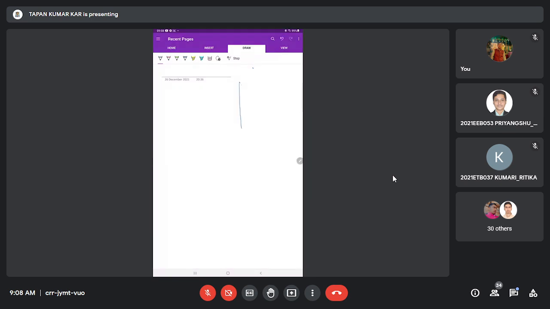Suppose this is the x-axis and this is the y-axis, and suppose y equal to f(x) is the curve, and at any point P(x, y), suppose this is the tangent, and this length PC is the radius of curvature.